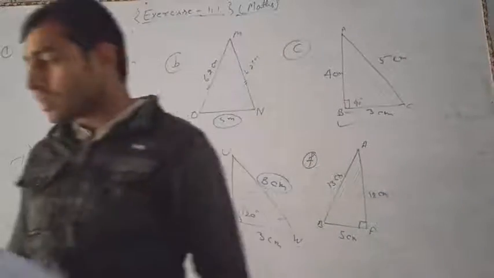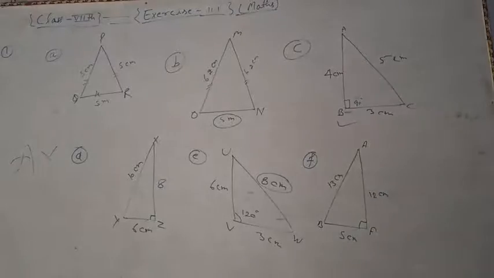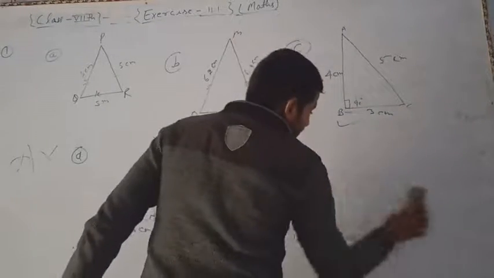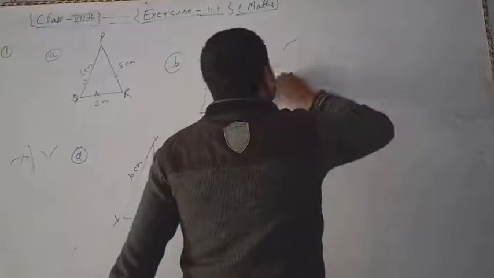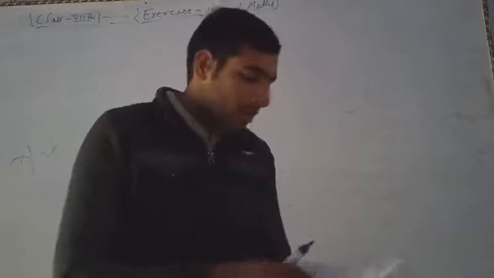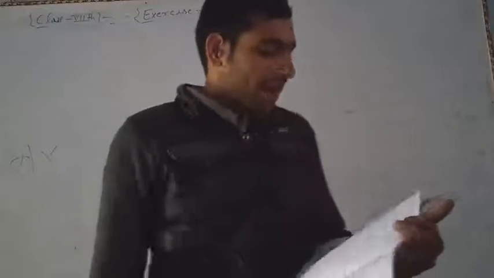Okay. Again we erase this and we solve the next problem of this exercise. Question number 2. Here it is given: name the types of the following triangles.